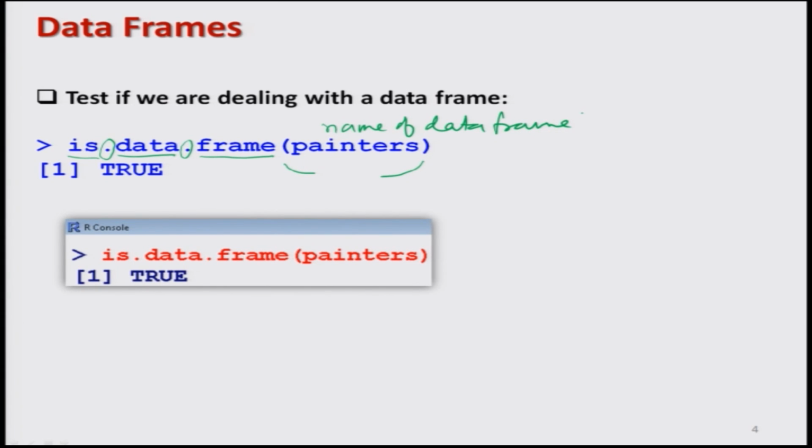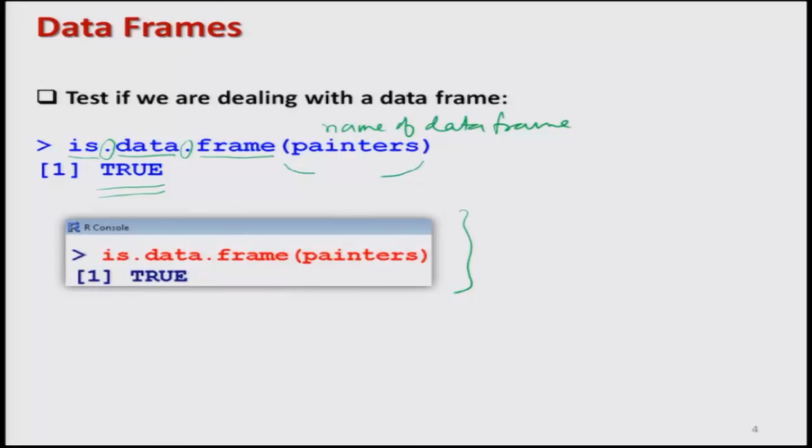Once you test it, it will give you the answer in terms of TRUE or FALSE, which are logical values. You can see here that the painters data set comes out to be TRUE. That means yes, the data set painters is a data frame. Now let us check this on the R console.